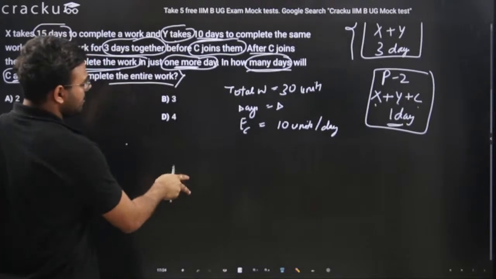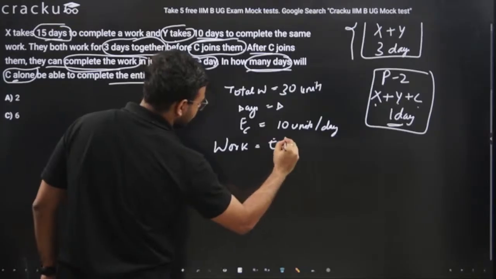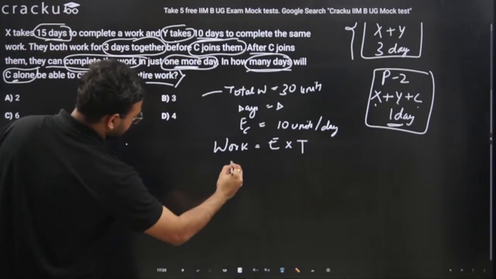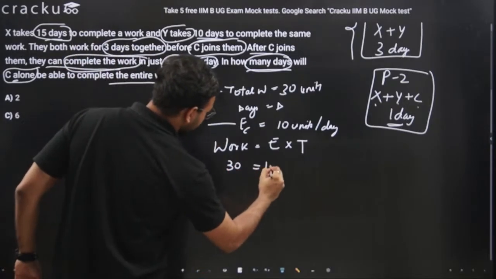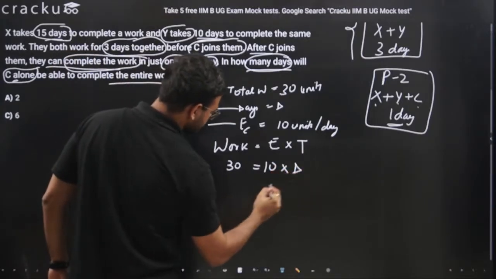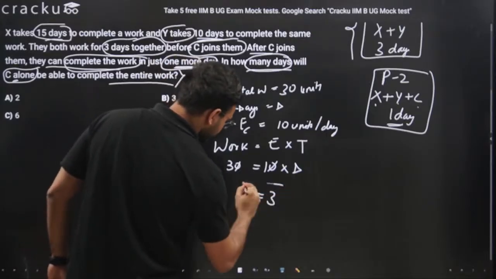Again, same formula: work is equal to efficiency into time. Work is 30 units, so 30 is equal to 10 into D. The 0 and 0 get cancelled and D is equal to 3.